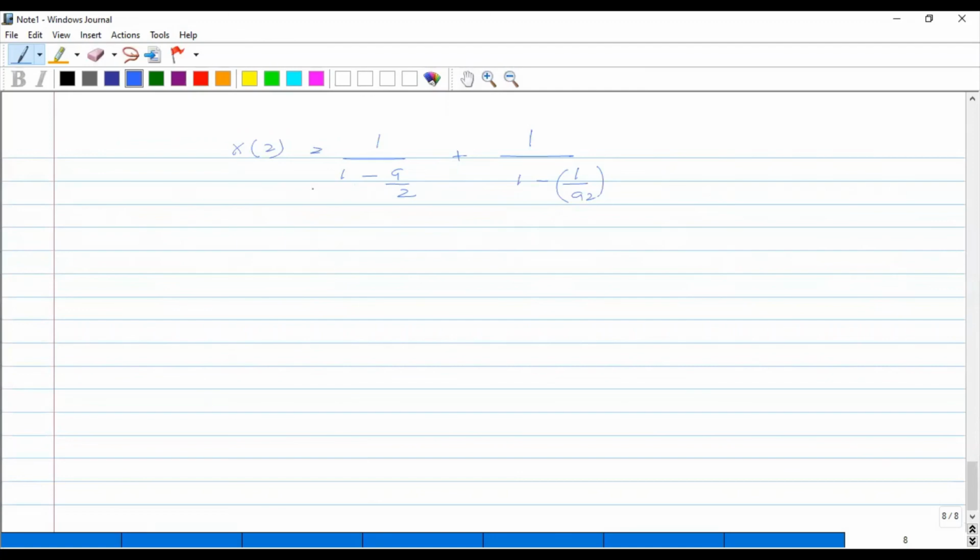Now I am going to find the poles and zeros. Let's see how to find them.